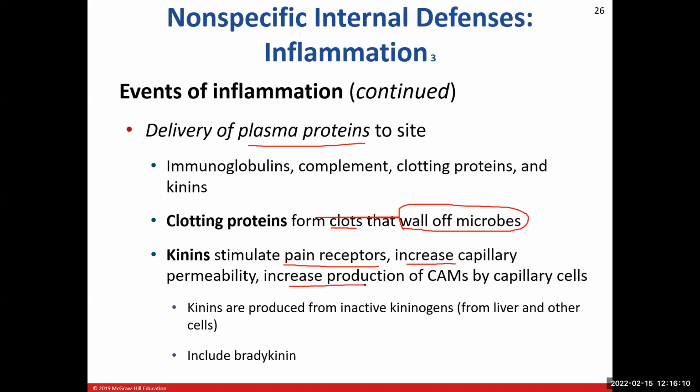Right, so these proteins are made in the liver and some other cells, but they're made in the inactive form, and they'll be activated. And that's that bradykinin, which I was telling you about, big time in pain response.